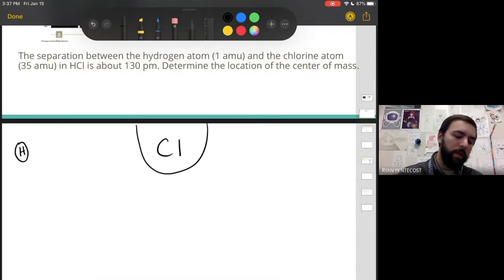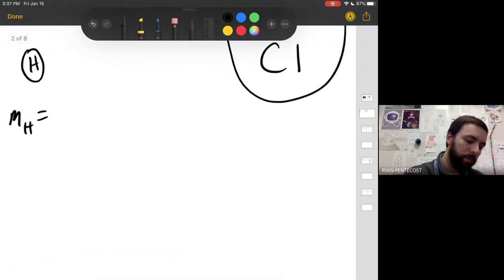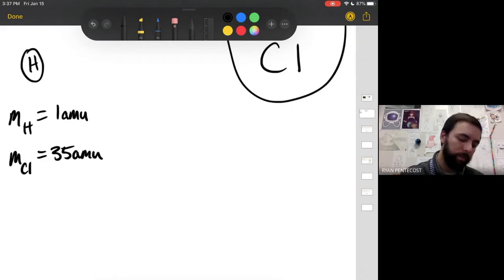Now, the distance between them is 130 picometers, and we want to determine the location of the center of mass. I'm going to zoom in so it's a little bit easier to write. Mass of hydrogen is 1 AMU, and then the mass of chlorine is 35 AMUs.